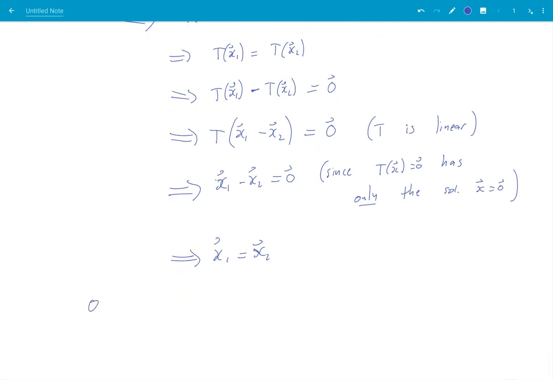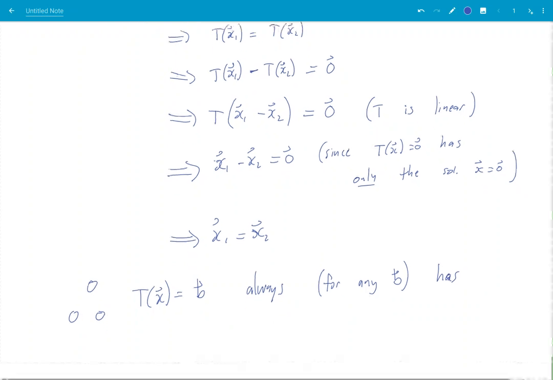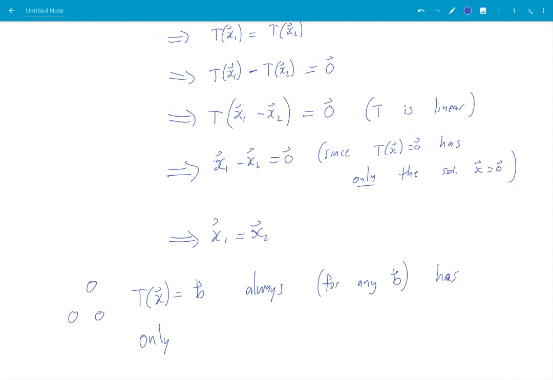Okay, what this argument does for me is it tells me that therefore T of x is equal to b, for any b, has at most one solution.